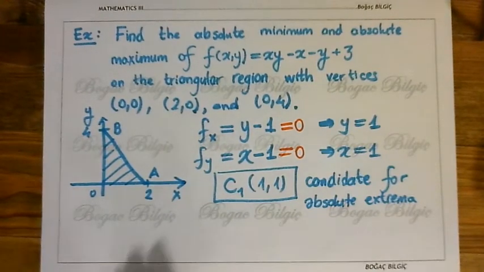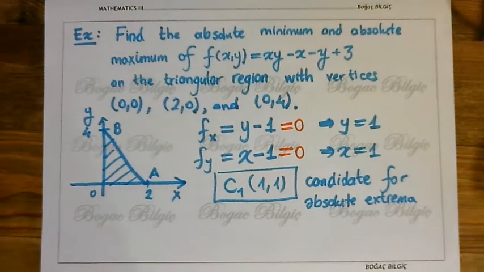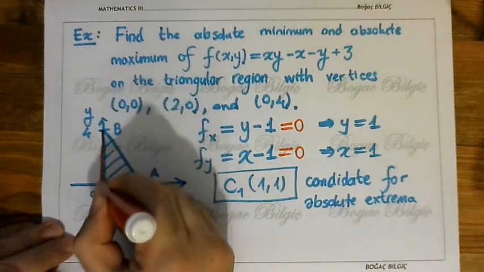Maybe absolute maximum, maybe absolute minimum, or just only local extrema. Now, the boundary of region consists of 3 straight line segments. 3 line segments. This is boundary.